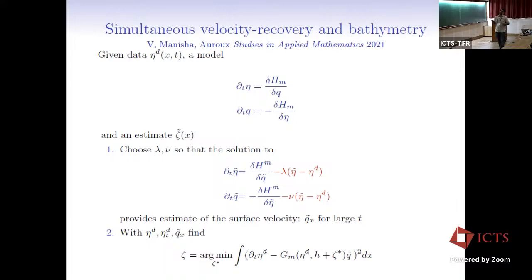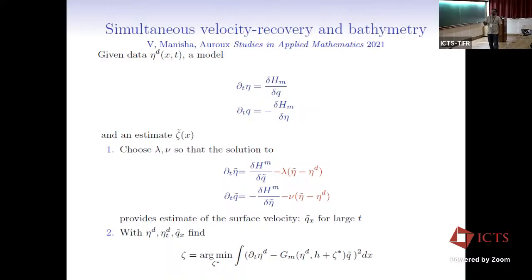So somebody gives you data, there is a model, and you start with some estimate, which is not the true bottom boundary. You can use the incorrect bottom boundary to get an estimate for Q, the Dirichlet condition you don't know. And then you can use this reconstruction idea of a minimization problem to find a better estimate of the bottom boundary. Right?